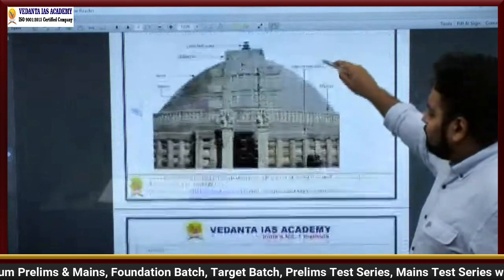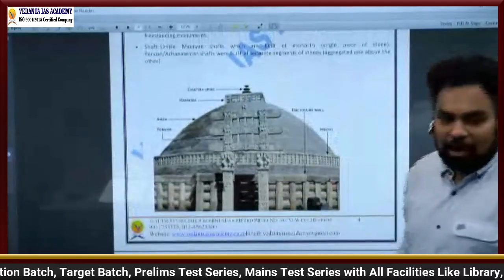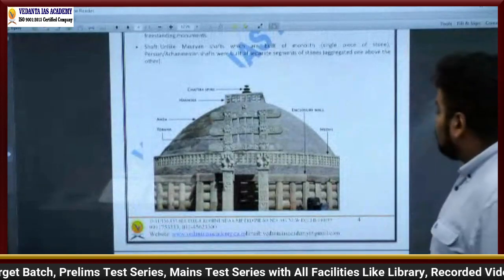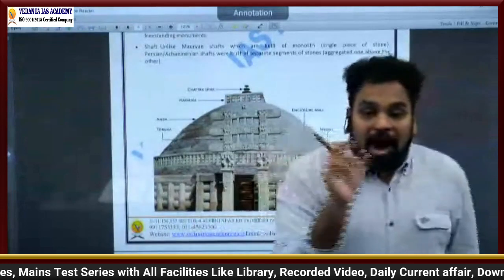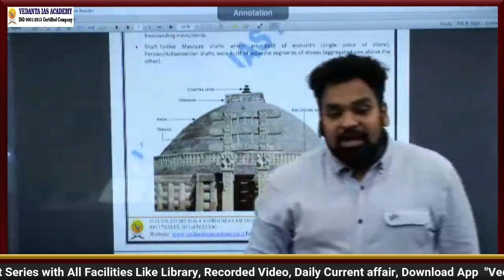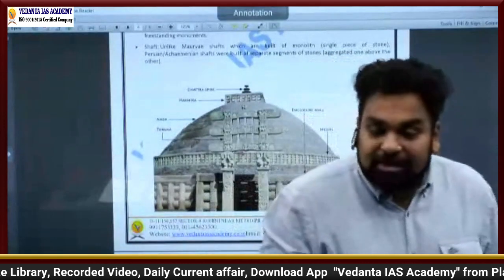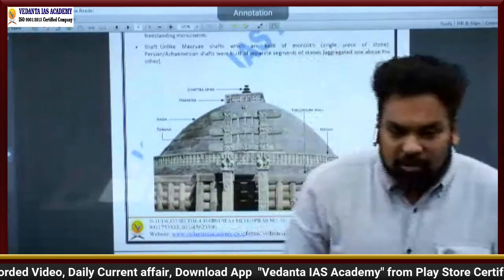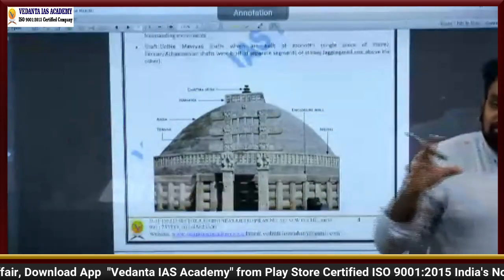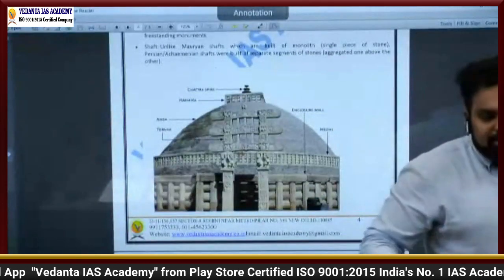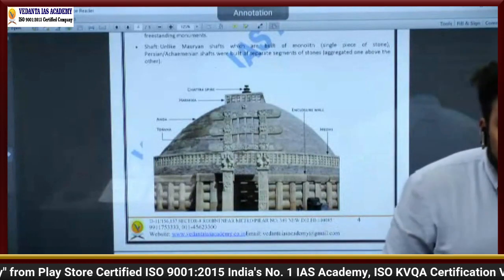And then finally, what we have is the stupa. The parts of the stupa are very, very important from the perspective of the prelims exam. They can ask you the various parts of the stupa, and because they have very different names, they can ask you the usage of that particular part.